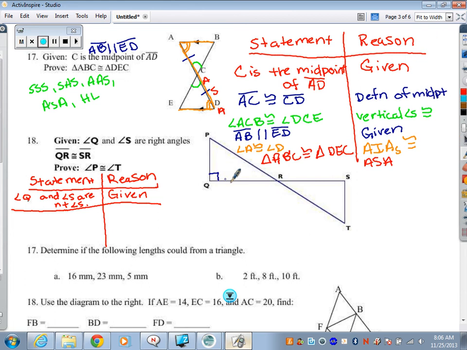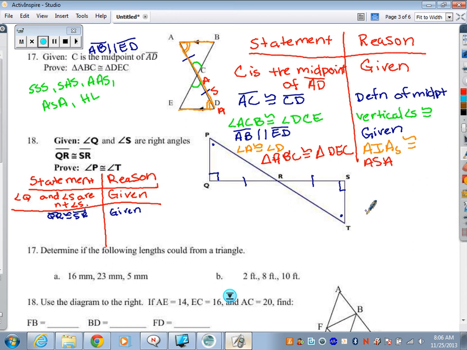Here's angle Q and here's angle S. We also know that QR is congruent to SR. Well, that implies that point R is a midpoint. We could add that to our proof, but we really don't need that here. What we're trying to prove is that this angle right here is congruent to this angle right here.